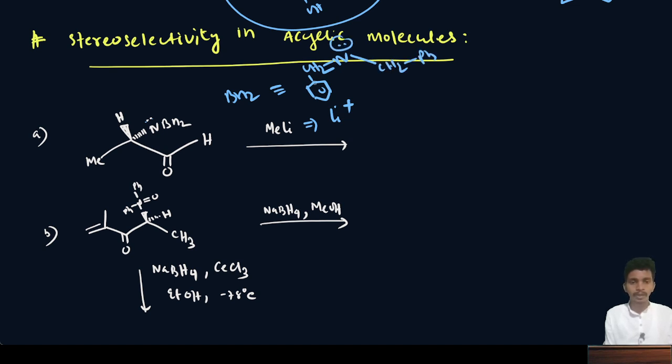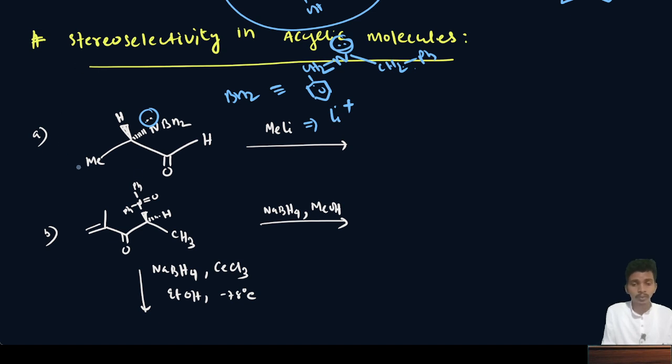Due to the presence of these bulky groups adjacent to it, this becomes so bulky that the reagent is not able to interact. Due to these bulky groups, this lone pair will not be able to chelate with this lithium. Actually this Li plus will come here and do the chelation, but this lone pair, due to the bulky groups, will not be able to chelate with lithium.